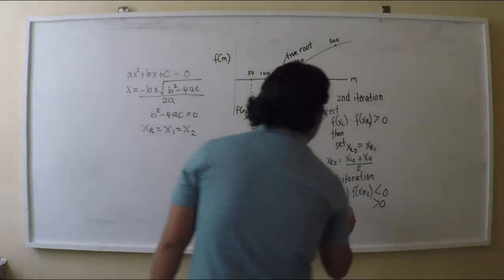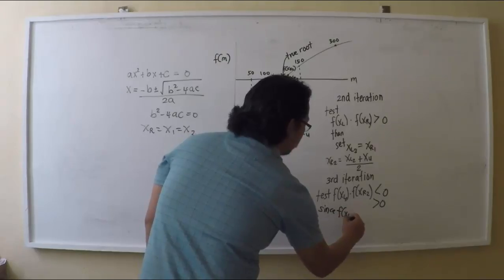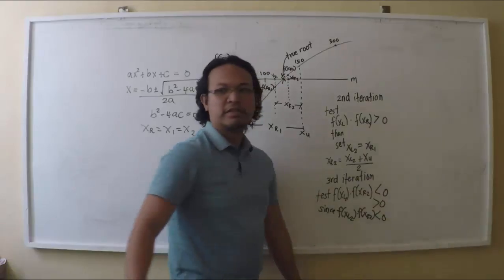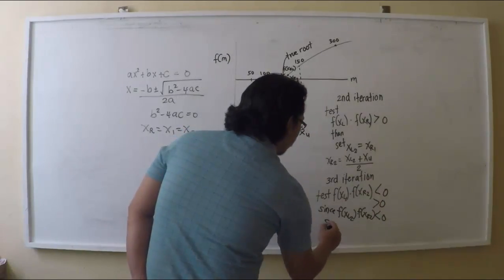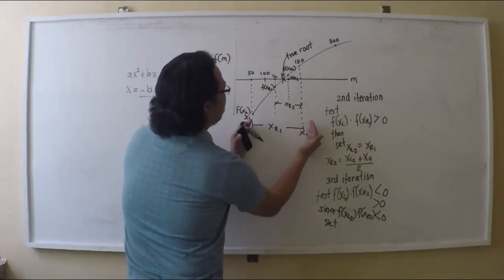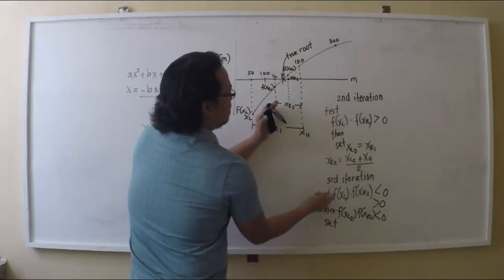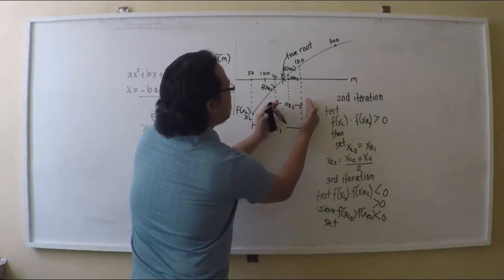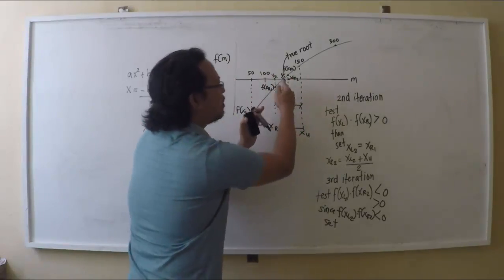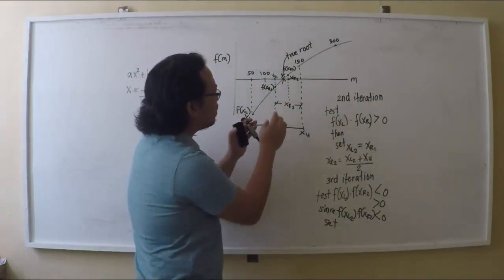Since f of xl2 times f of xr2 is less than 0, you have to change the boundary now. A while ago you started here, and then you had the new boundary here, but now the test is different. The upper boundary should be changed, and you can see you are now moving to the true root. Your boundary decreases while you are trying to capture the root.